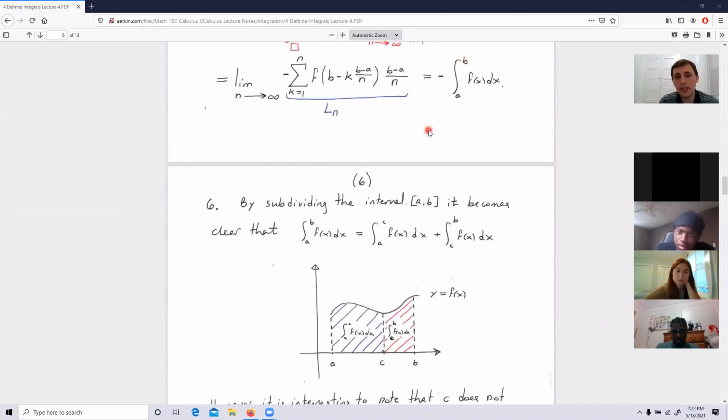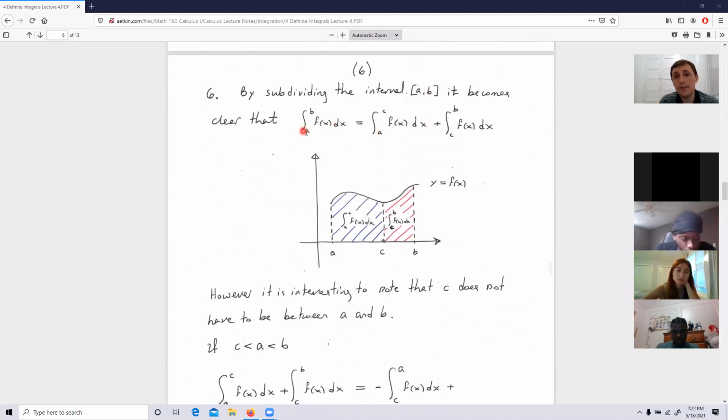Now the next property, guys, is that if I have the integral from a to b, f of x dx, then the integral is equal to the integral from a to c of this function plus c to b of this function. Now, it's somewhat intuitive that that should be true if c is between a and b. Do you agree? Because that means the area of this plus the area of that, right? So from a to c, you can move to an intermediate point c, and then from c to b.